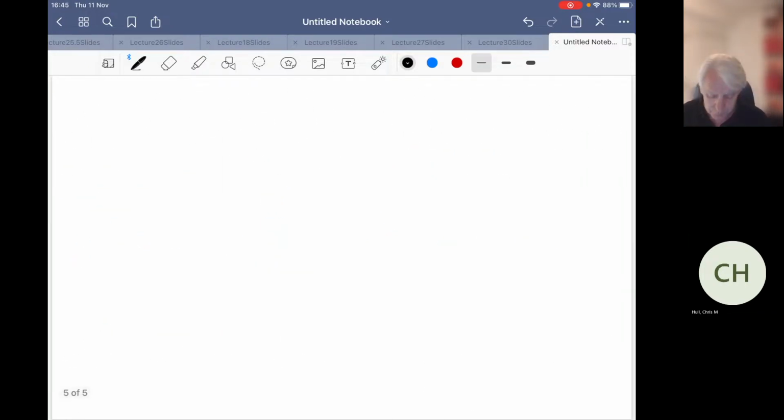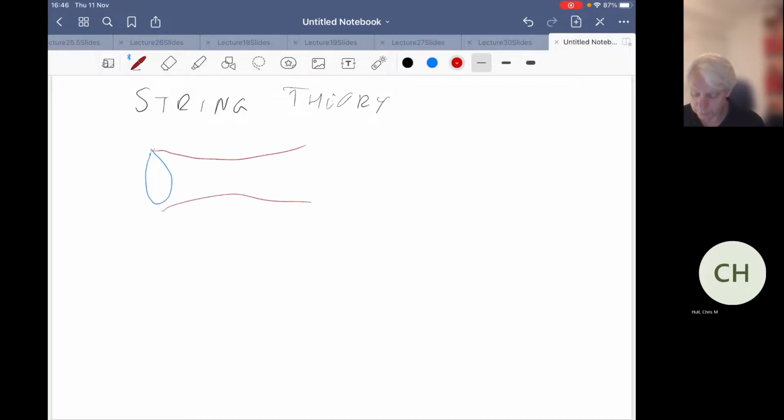So now let's turn to string theory. So the basic picture is that we might have, for a closed string, a loop of string, which would move through space-time, and as it moved through space-time, it would sweep out a cylinder.